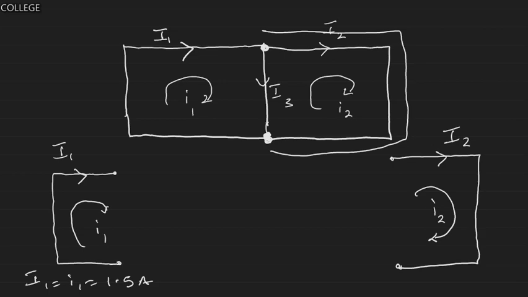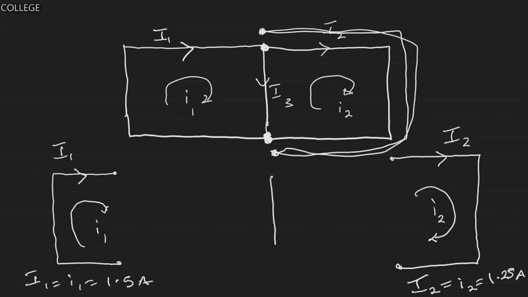So only the mesh current i2 is flowing from this point down to this point. Only one mesh current is flowing there. So it's very simple to get our branch current there. We have i2 equal to the mesh current, 1.25 ampere.